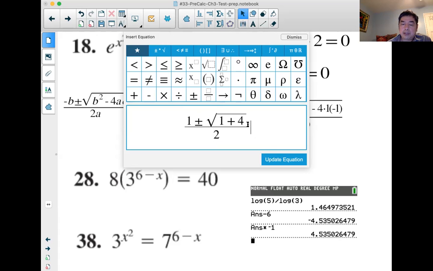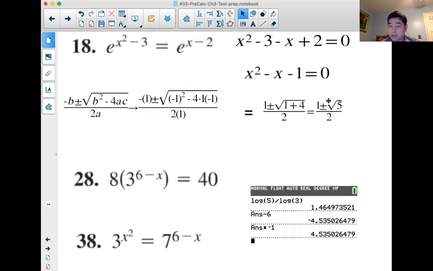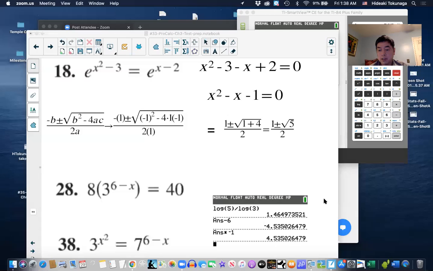1 plus minus square root 5 over 2. Let me run this one on the calculator. Oh, I forgot to show the calculator. Okay, so this is the calculator here.